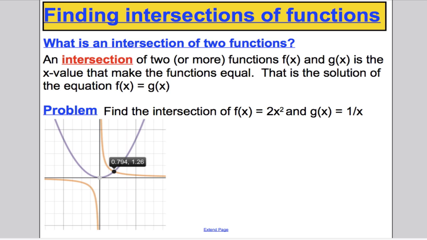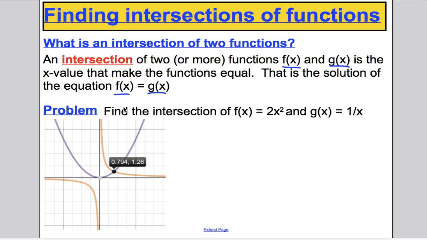Okay, next thing, we need to just talk about finding the intersections of functions. Now, an intersection of two functions is when you have two or more functions, say f of x and g of x, and the intersection is the x value that makes the functions equal. That is the solution x of the equation f of x equals g of x.